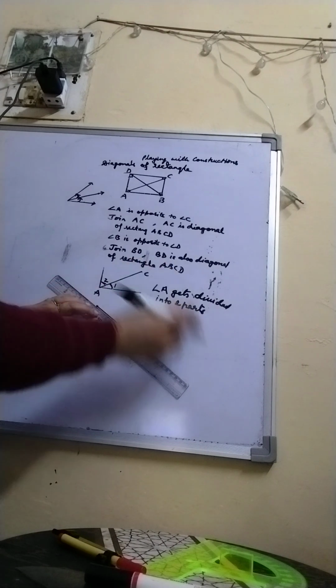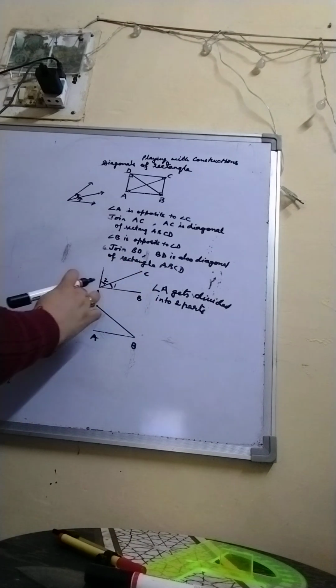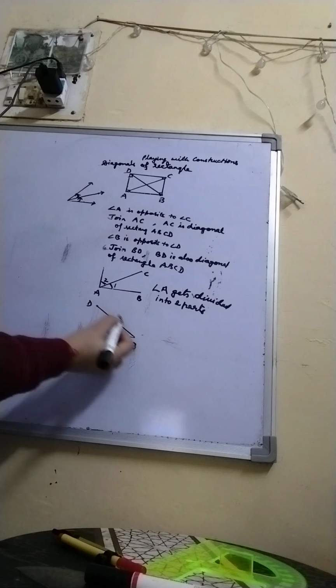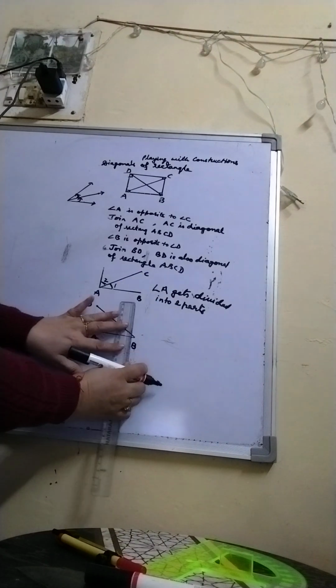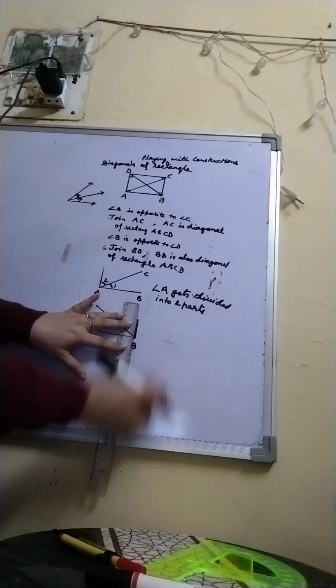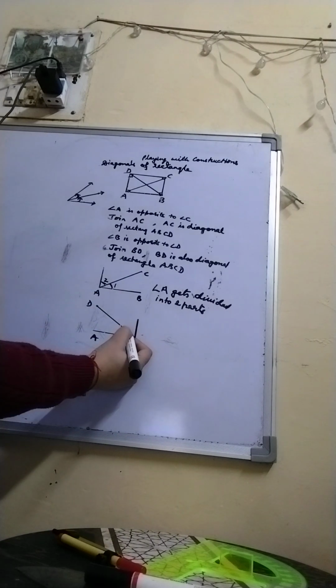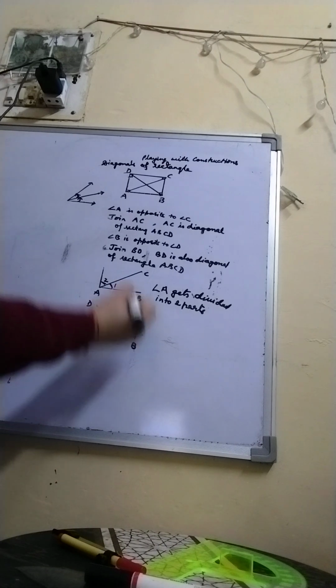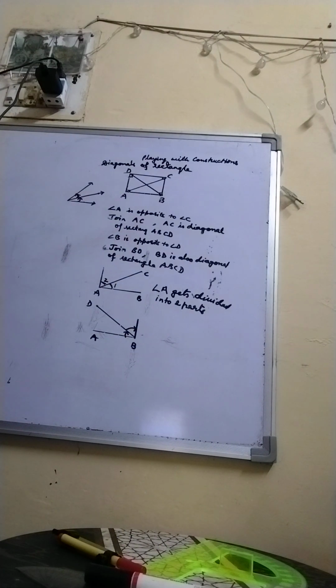This was AC. Now this is BD. Then you can say that in this case, again the angle B is divided into two parts. Okay. Angle B is divided into two parts.